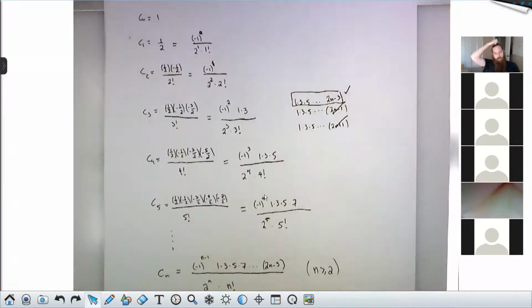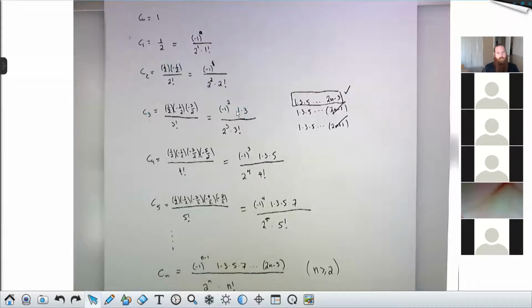In other words, Caleb, I know that odd numbers are always 2n plus 1, 2n minus 1, 2n plus 3, 2n minus 3. Odd numbers are always 2n plus or minus something odd. So I'm asking myself, just where does this end in relation to the index?